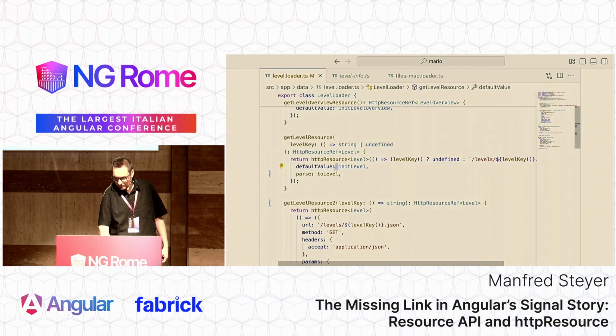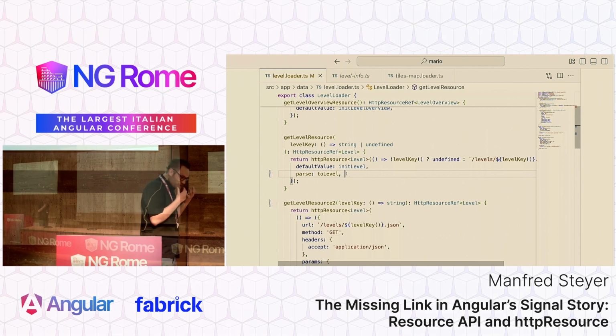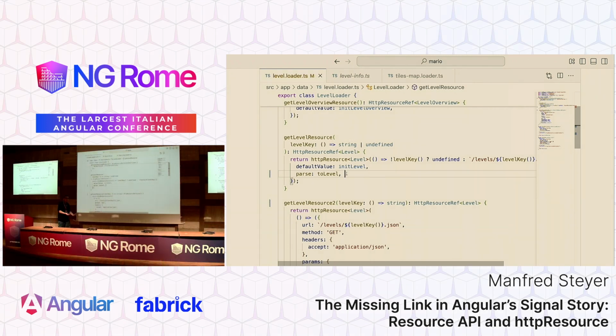One more time, here I have my default value, and I can provide a parse function, which is just a function that is taking the raw value from the server, and then it can revive the raw value. Perhaps you know JSON.parse. Who knows JSON.parse? Of course, everyone.